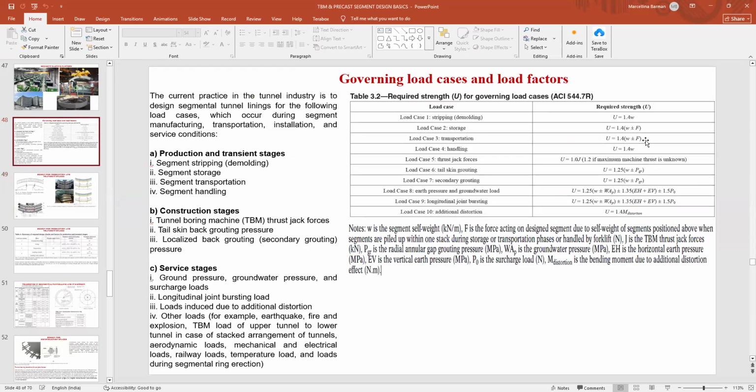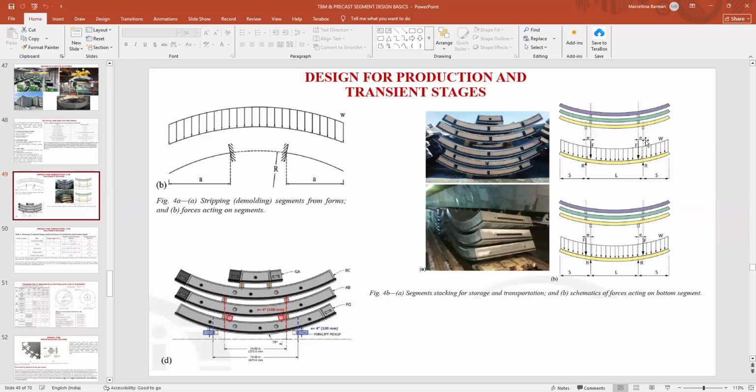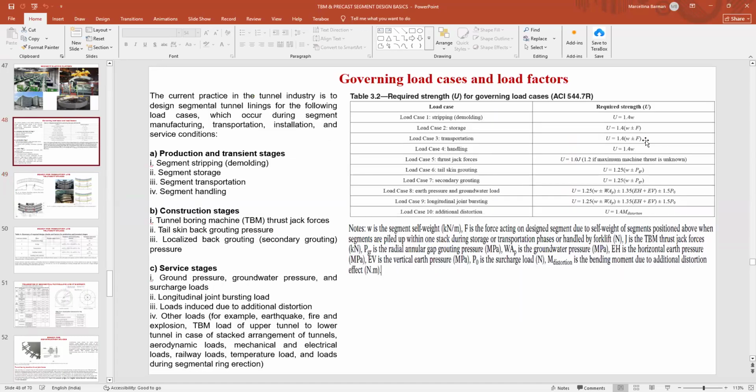And next is the storage of the segments. During storage, strength is also gained. During storage, you need to cure the segments, and once the desired strength is achieved, then you can put the segments for transportation.